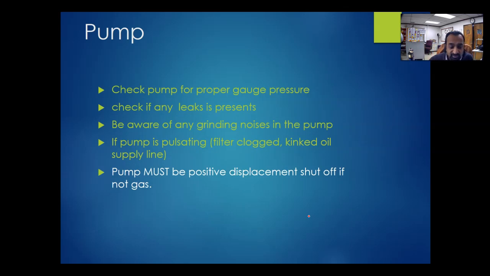The pump must be positive displacement with shutoff, if not gas. What does that mean? The pump must be positive displacement, meaning it should be able to push the oil through, because again it's going to be subjected to a lot of pressure, almost 100 psi, and if the oil line is clogged, it should be able to shut off completely.